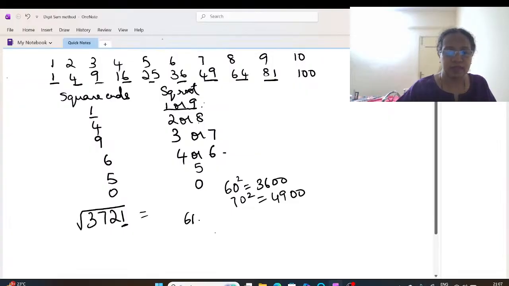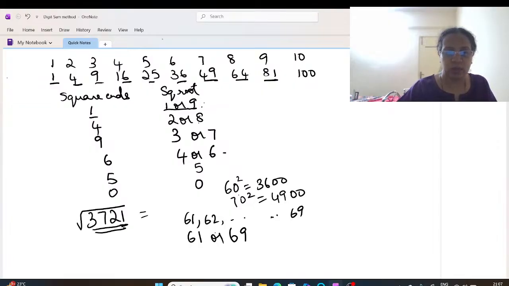So it can be 61, 62 to 69. It cannot be 60 or 70 because 60 square is 3600 and 70 square is 4900. We have also seen that the square root will end with 1 or 9 since the square ends with 1. So the square root will either be 61 or 69.